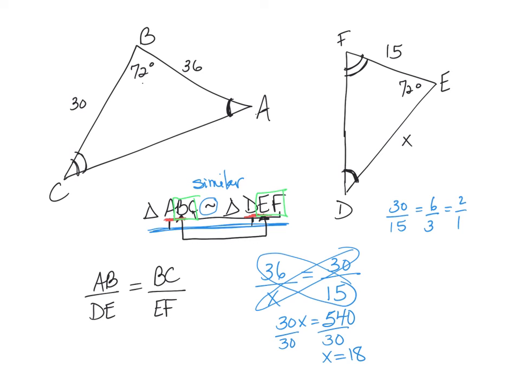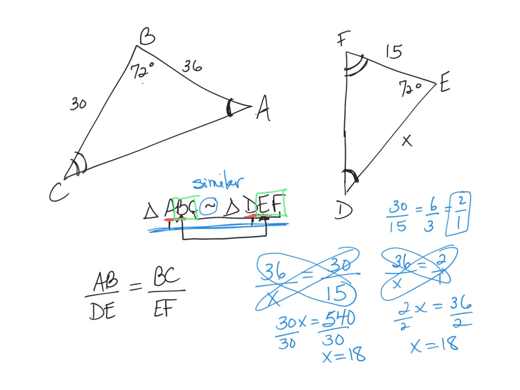Now, if I use my reduced ratio, instead of 30 over 15, I don't have such big numbers to multiply. So what I have is 36 over x equals 2 over 1. Now when I cross multiply, I get 2x equals 36, and when I divide by 2, I get x equals 18.